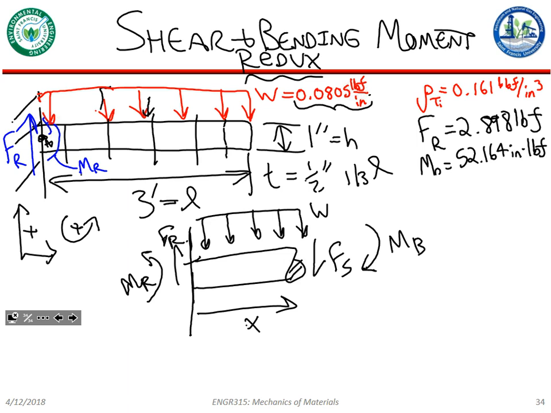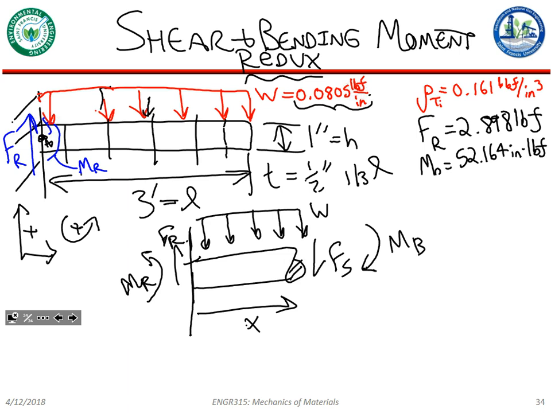Make sense? Because it's continuous, we don't need a new diagram for anything. This is our one free body diagram that does the entire beam in one shot.